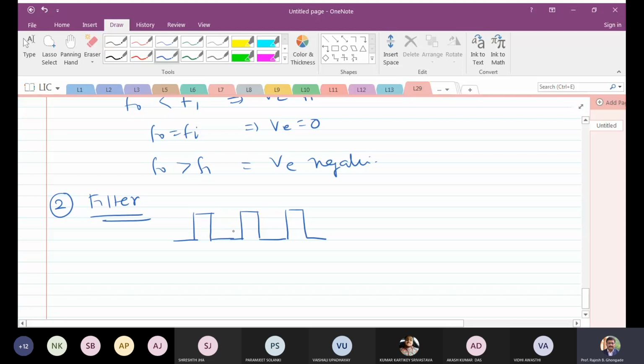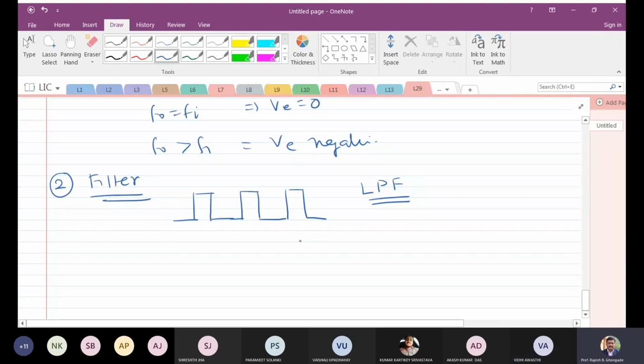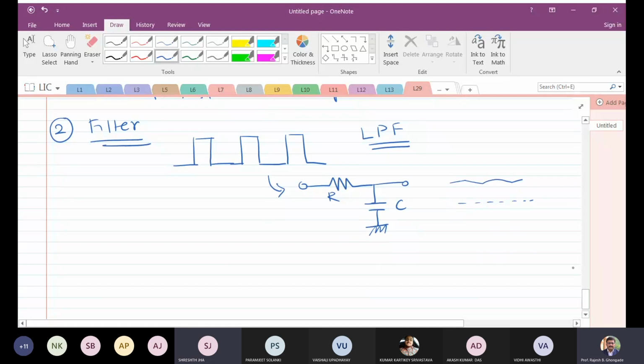So you apply a low pass filter. What is the simple low pass filter that we have seen, which is not even an active filter? A simple capacitor, an RC acts as a low pass filter. So if your input is like this, your output will be somewhat nearly this DC value. Are you able to understand this?